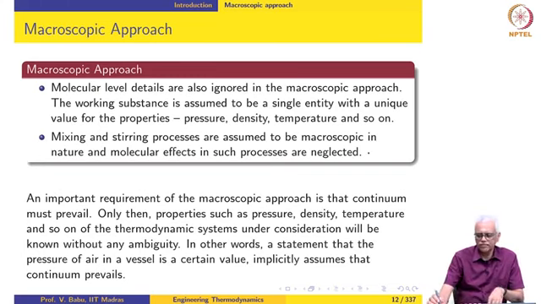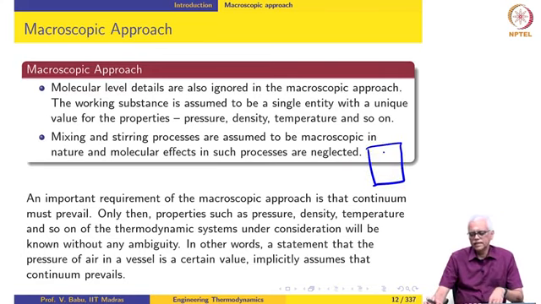Let us say I have a vessel like this which is filled with air, and if I measure the pressure of the air at this location or at this location or any location, for instance, not only pressure, any property of the air, they must all have the same value. So, the density measured here, here or any other location should all be the same.